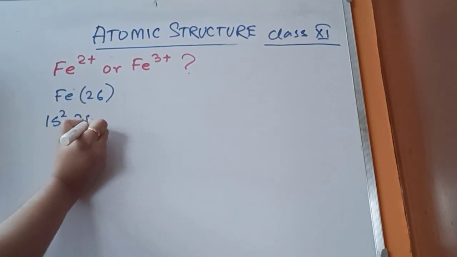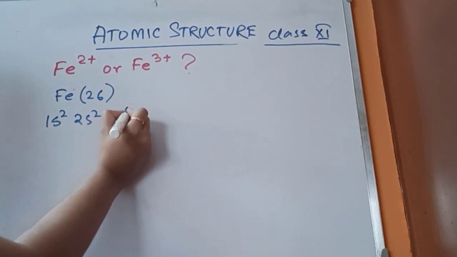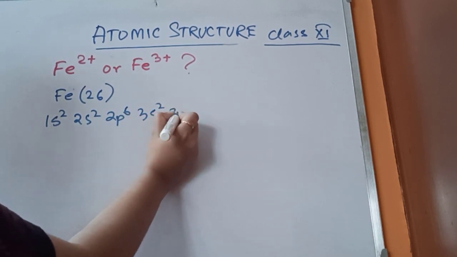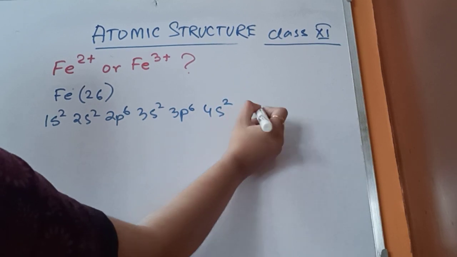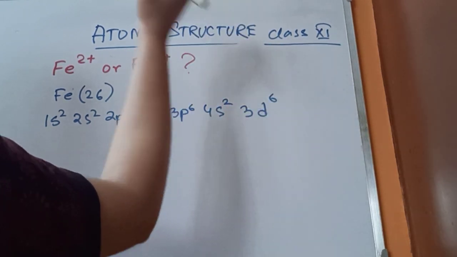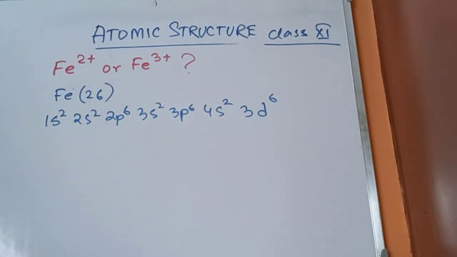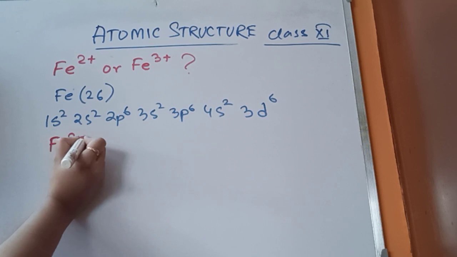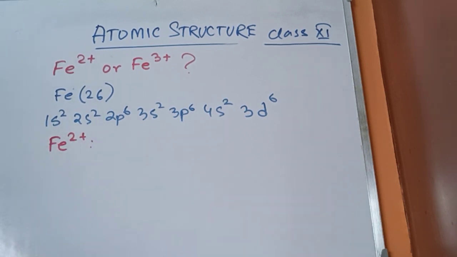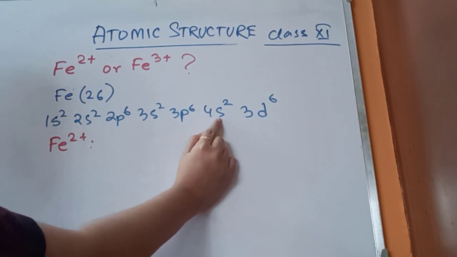So 1s2, 2s2, 2p6, 3s2, 3p6, 4s2 and 3d6. So if I am considering Fe2+, as I have told you earlier also, electrons will be removed from the valence shell.